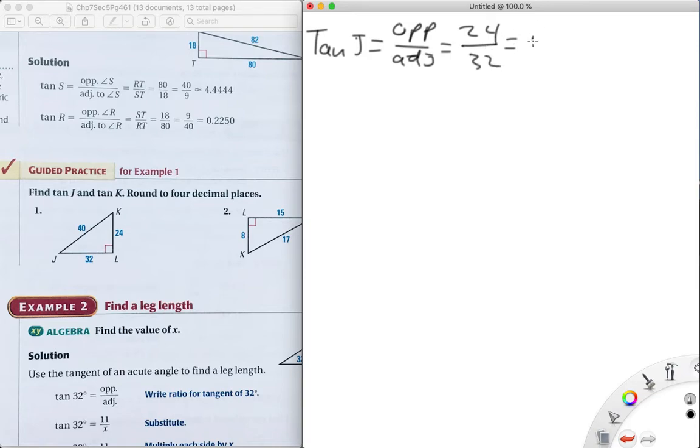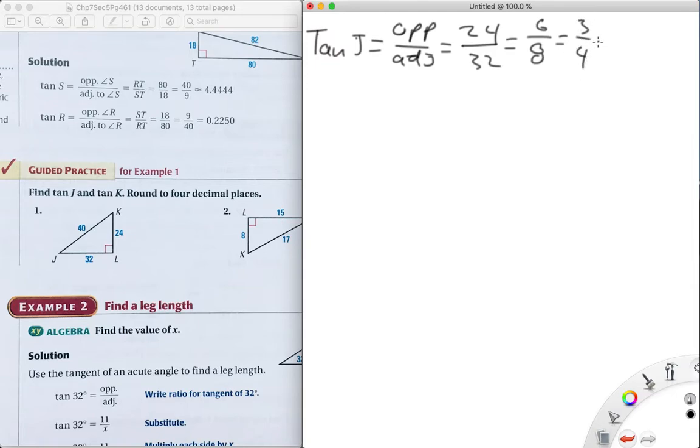We can simplify that dividing by 4, right? That's 6 over 8, which is 3/4.